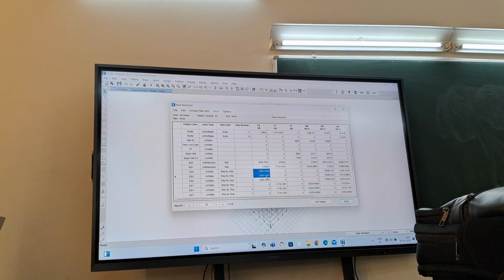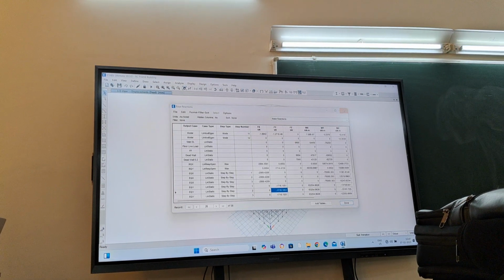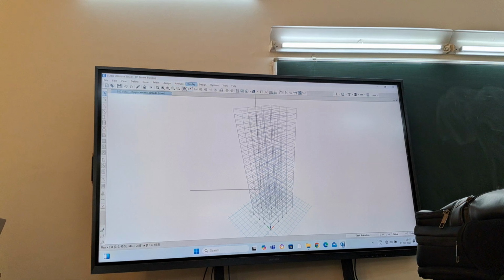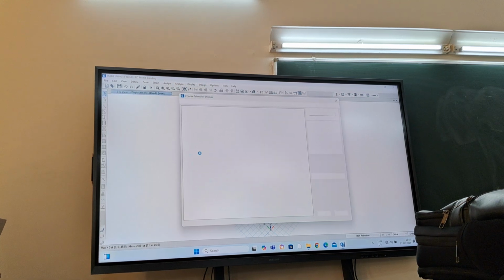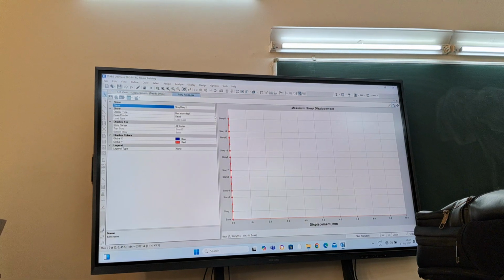So now you can see they are almost matching. Similarly, this is for the y direction and this is the static case in the y direction. So response spectrum and static load case are giving the same values. So our correction was fine, and now we'll compare the drift ratio using both methods and see what the difference is.